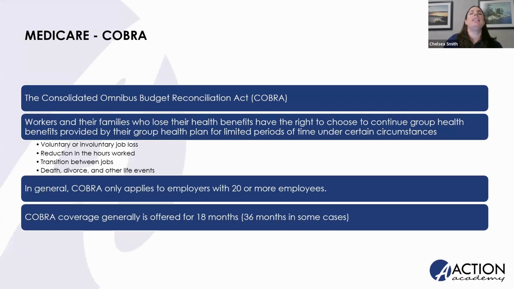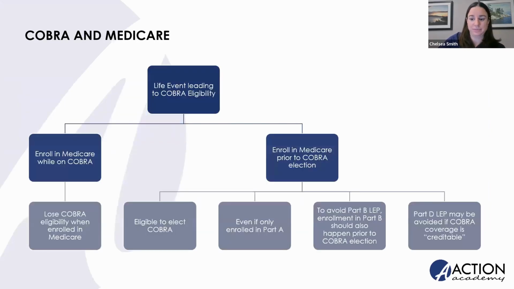So there's not necessarily going to be a need for that employee to kick their spouse or dependents off of their health coverage if they turn 65 and would like to join Medicare. Those family members can choose to enroll in COBRA at that point if they would like to. Remember, it's probably not going to cost the same, but that is an option.